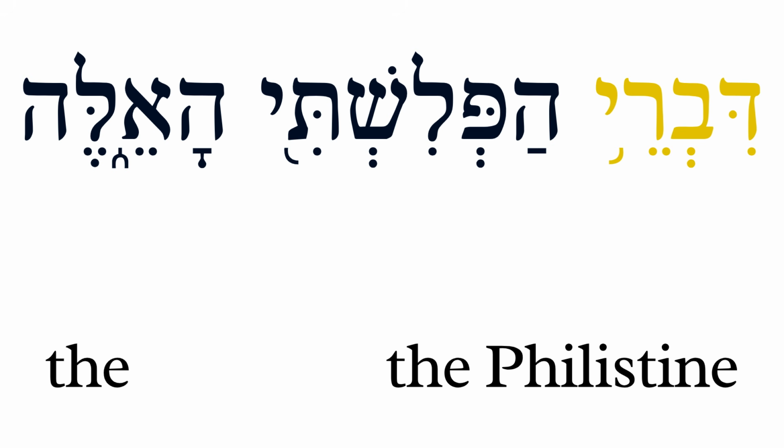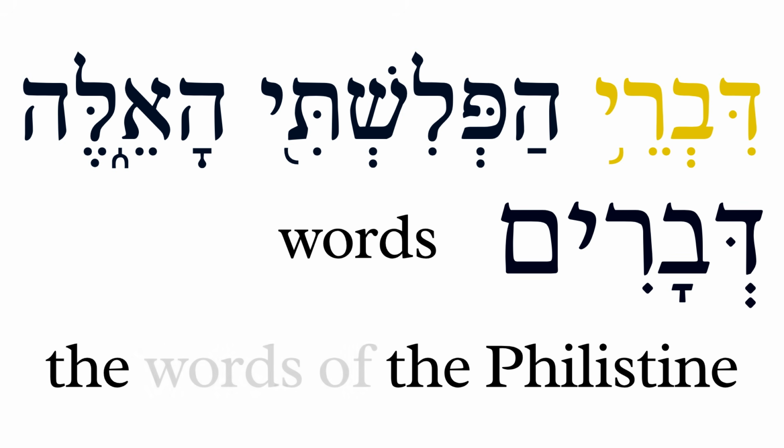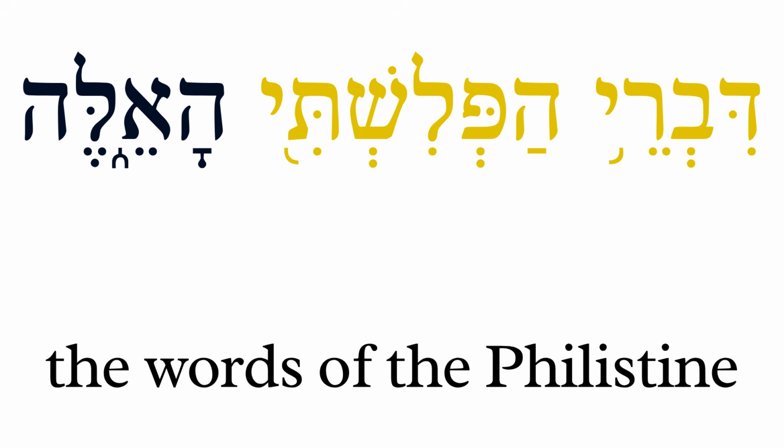We can try to put divrei back into its absolute form by replacing the ei ending with im. And with the necessary vowel changes, we can see divrei is the construct form of devarim, words. Devarim, words. Divrei, words of. Divrei haplishti, the words of the Philistine.